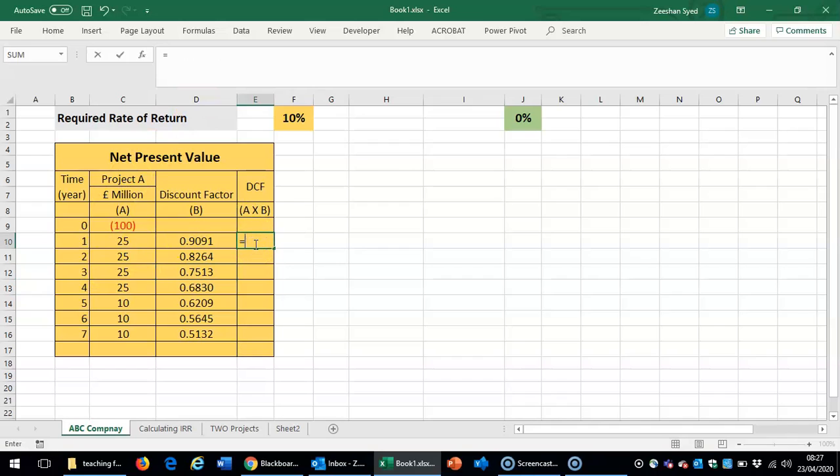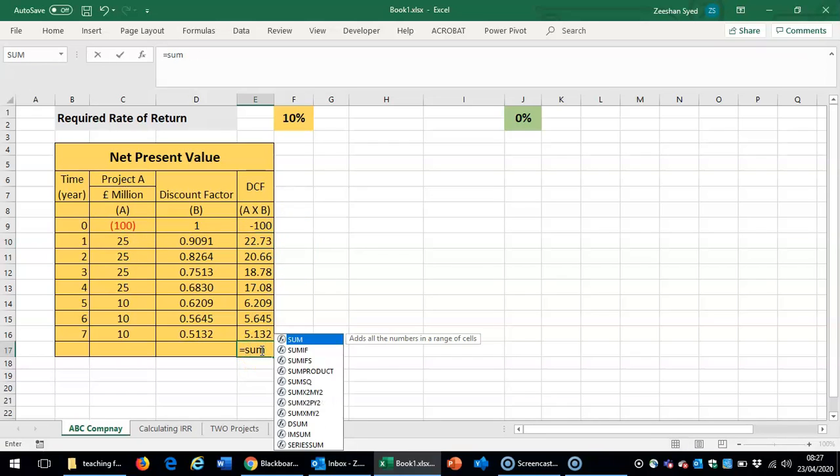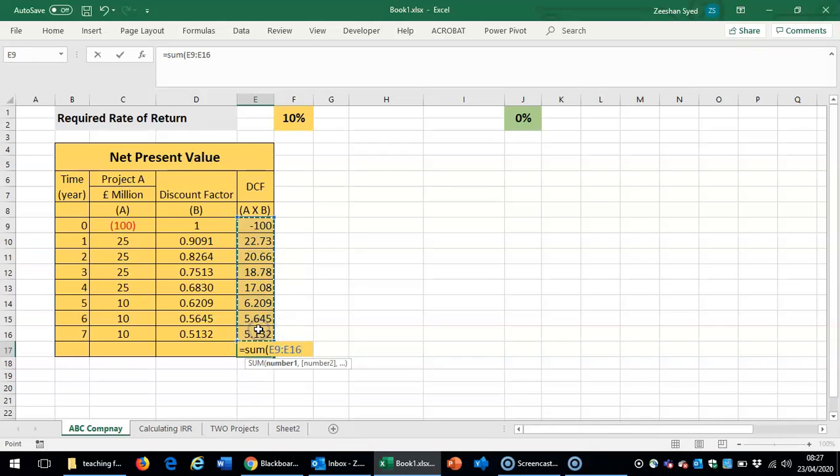The next thing is simply multiply this to this. For this, the discount factor is only 1 because it's year 0, so it's 1. So simply here this multiplied by this, and all you have to do is equal to sum this whole thing, so minus 100, everything else is plus.